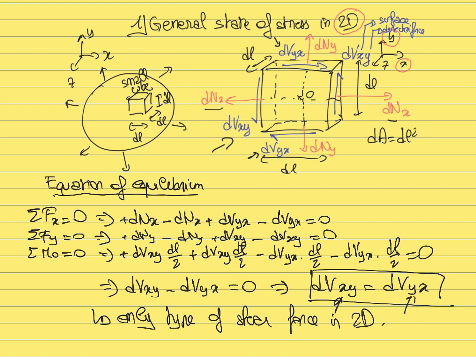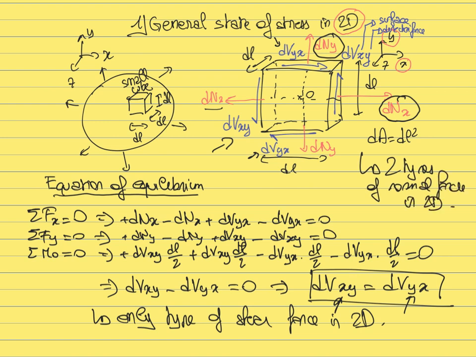Again, this is not the case for the normal forces. For the normal forces, you have the force along x and the force along y, and those two forces do not have to be equal to each other. So you have two types of normal forces in 2 dimensions, but only one type of shear force.